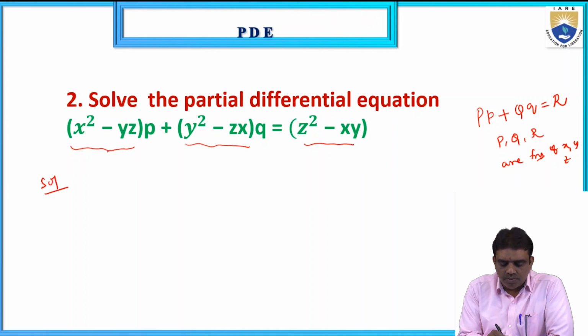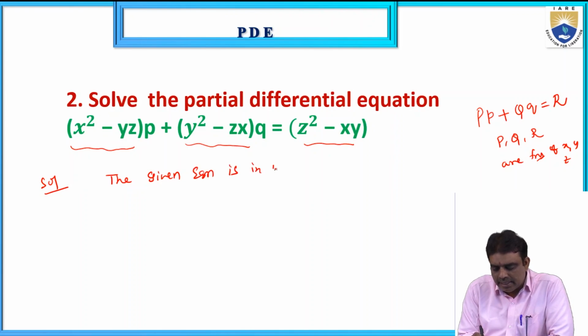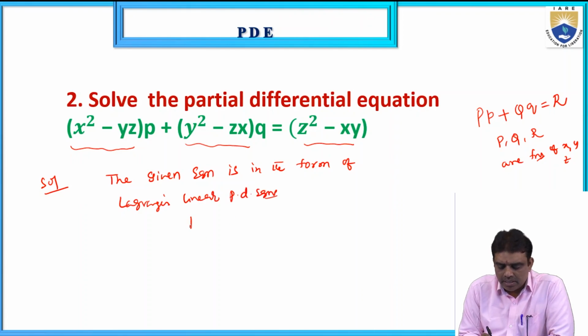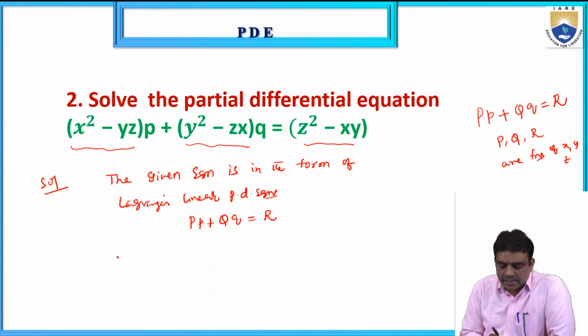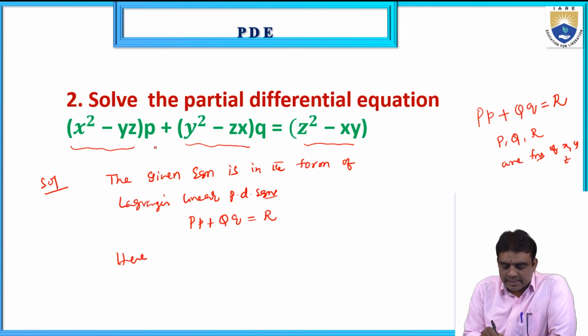Solution. So the given equation is in the form of Lagrange's linear partial differential equation, Pp plus Qq is equal to R. Here small p is the same as ∂z/∂x, small q means ∂z/∂y.